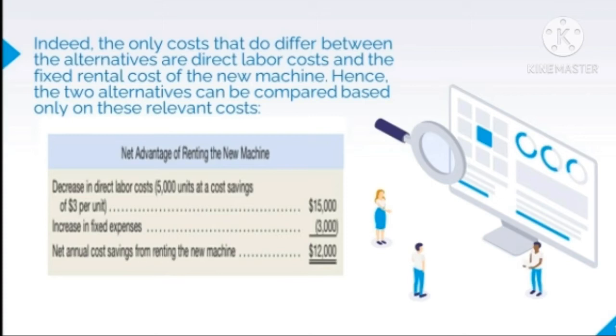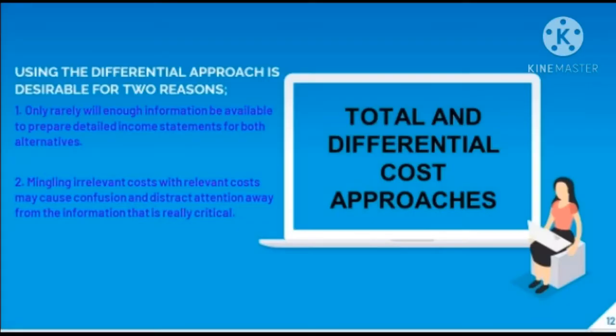Those two relevant costs are both included in the above analysis that quantifies the net advantage of renting the new machine. Using the differential approach is desirable for two reasons. First, only rarely will enough information be available to prepare detailed income statements for both alternatives. Second, mingling irrelevant costs with relevant costs may cause confusion and distract attention away from the information that is really critical.